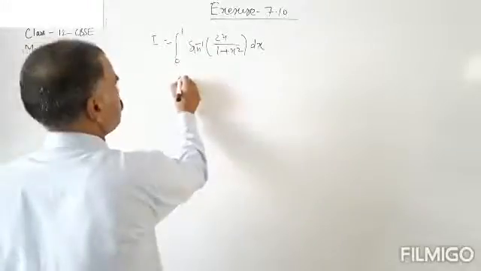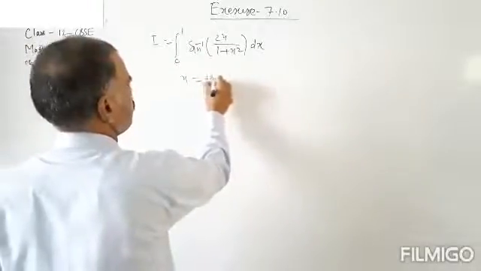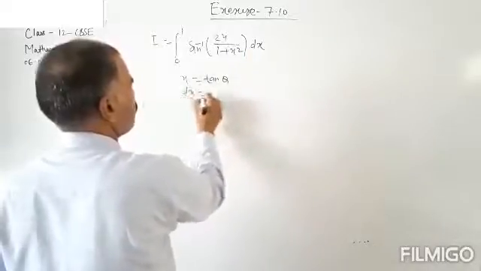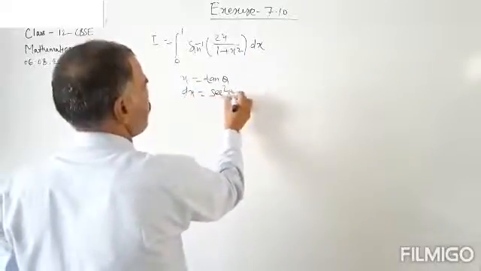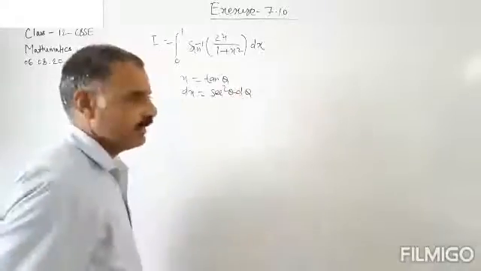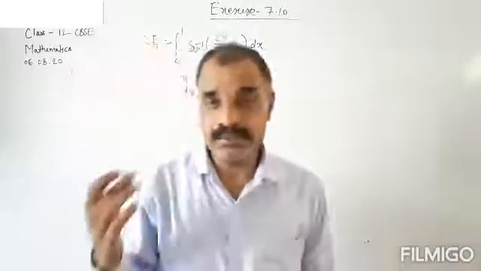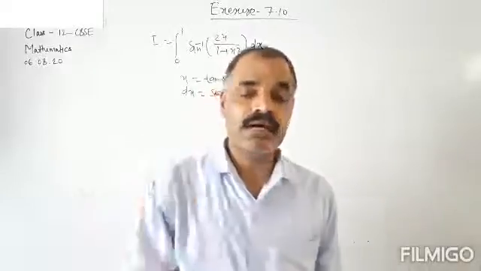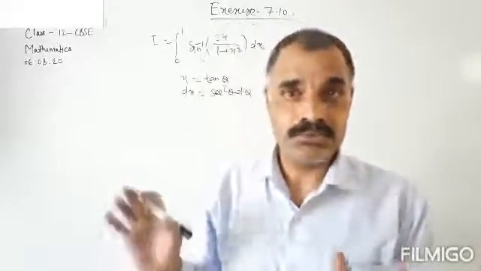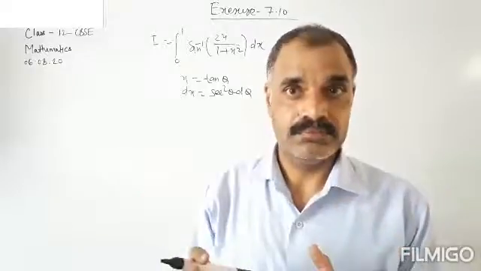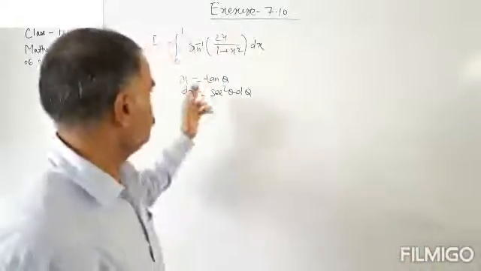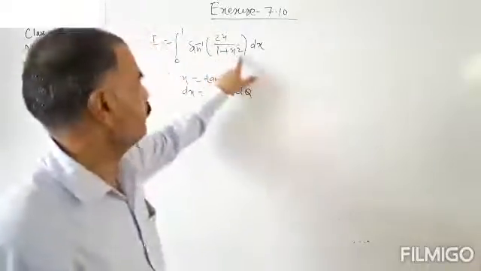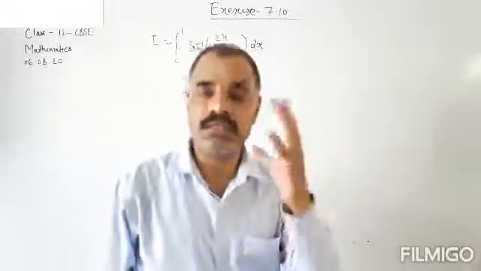Substitute x equals tan theta, then dx equals sec square theta d theta. When we are well versed in the identities, the substitution will be easy. So x equals tan theta, because 2 tan theta upon 1 plus tan square theta is equal to sin 2 theta.